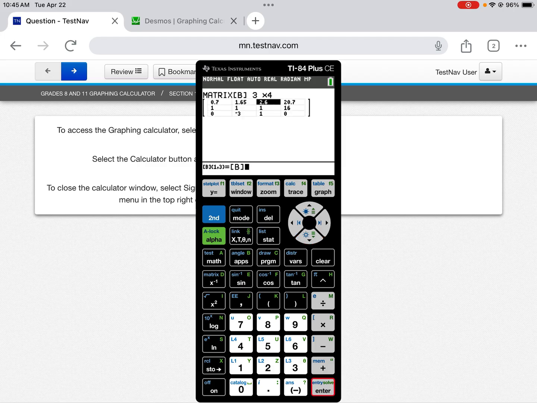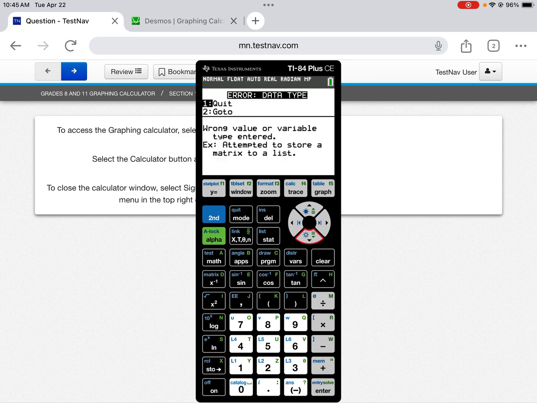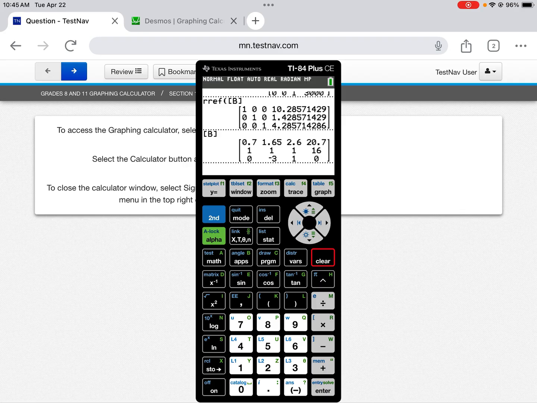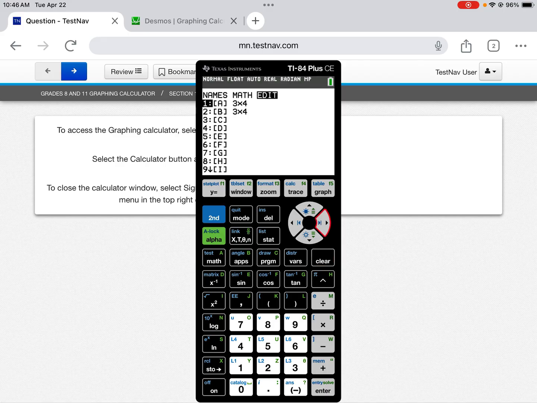Okay, well, the only thing we're not sure of. What if we go to edit? Oh, that's matrix A. We're in matrix B. What if, I'm uncertain, what if we do this?